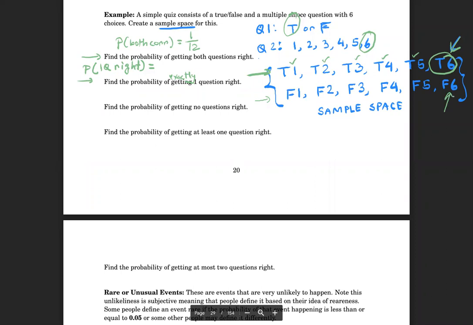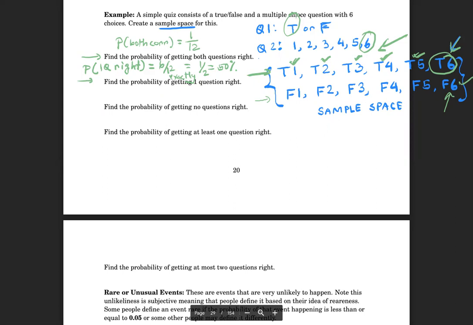So there is one way you can get it right here. 1 here, 5 on the top: 1, 2, 3, 4, and 5. 1 plus 5 is 6. So 6 out of 12, which is 1/2 or 50%. So there is a 50% chance that you'll get exactly one question right.